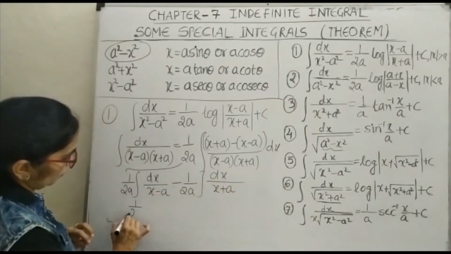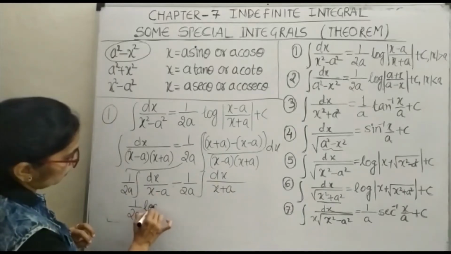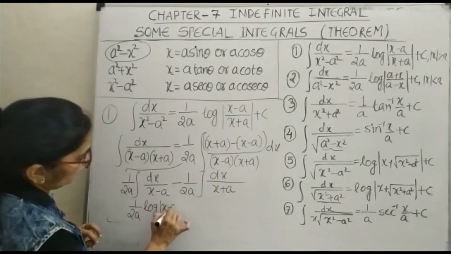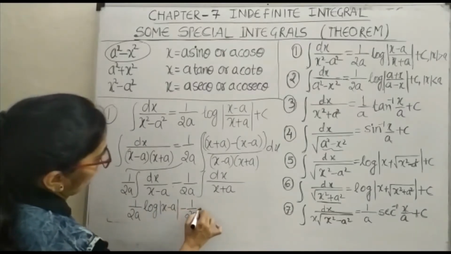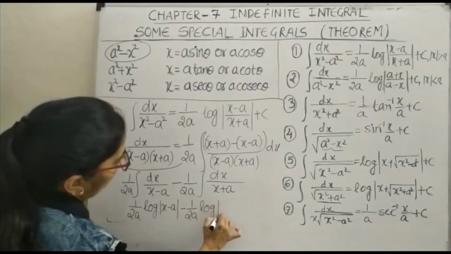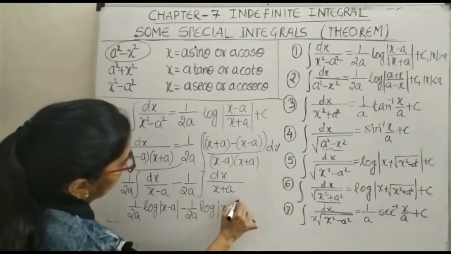1 upon 2a log mod x minus a minus 1 upon 2a log mod x plus a.